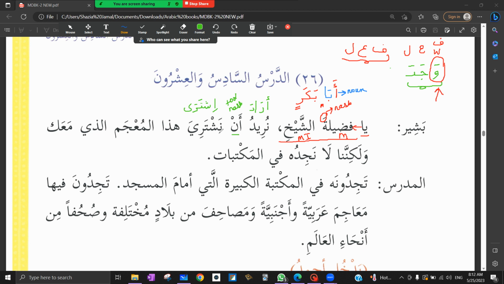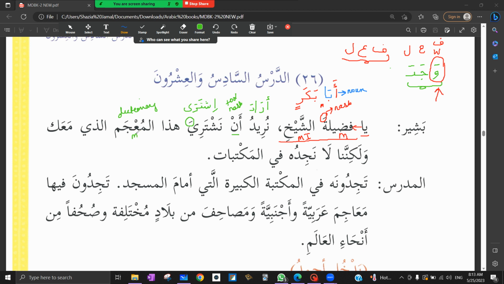Nuridu an nashtariya. Why is it a fatha here? Because of the tool of nas. This dictionary, hadha al-mu'jam, or hadha al-mu'jam alladhi. Why is it alladhi? Because this is a male noun.